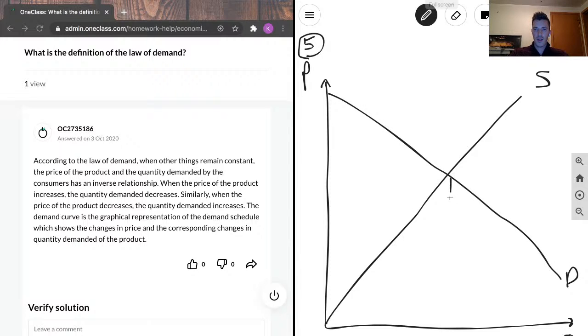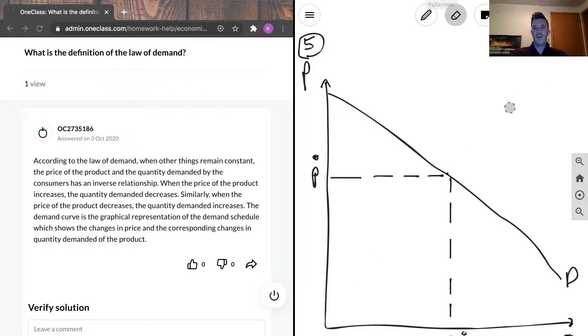And of course, where supply meets demand, we have our Q star, aka our equilibrium quantity, and our P star, our equilibrium price. And of course, this point is equilibrium. Just to illustrate this point a little better, I'm going to get rid of the supply curve and just show the demand curve here.